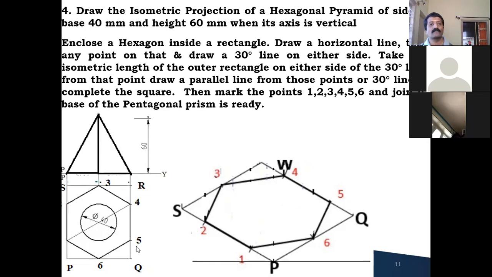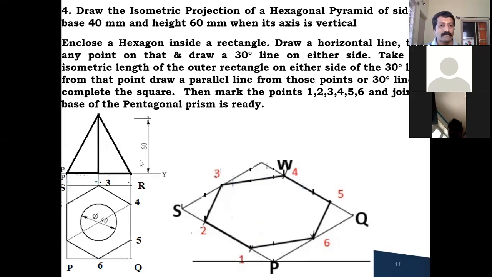You take any one of the distances, convert that into isometric scale, and from P you cut this line and call it 1. From S you cut the SP line and call this 2, from Q you cut the QR line and call this 5, and from R you cut this line and call this 4, so you will be getting it.